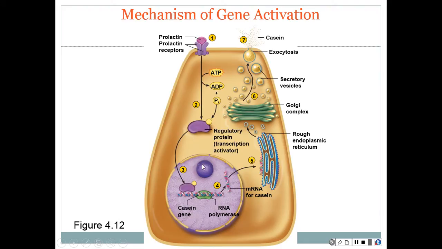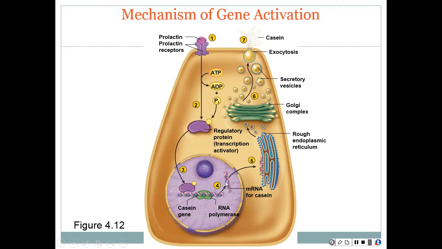Now, the regulatory protein moves into the nucleus, and then it binds to the DNA near the gene for casein, which is that one protein. Now, this binding, what does it do? It's going to enable the RNA polymerase, which is this green object in this diagram, to transcribe the gene, producing our mRNA for the casein.